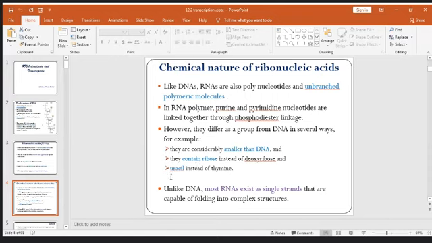Unlike DNA, most RNAs exist as single strands that are capable of folding into complex structures. But the most folded, complex three-dimensional form of RNA is found in transfer RNA, as we said.